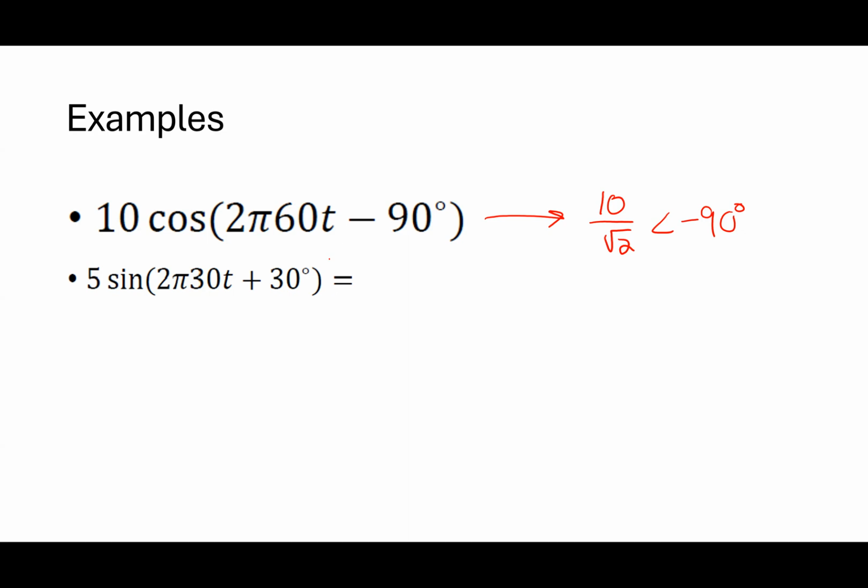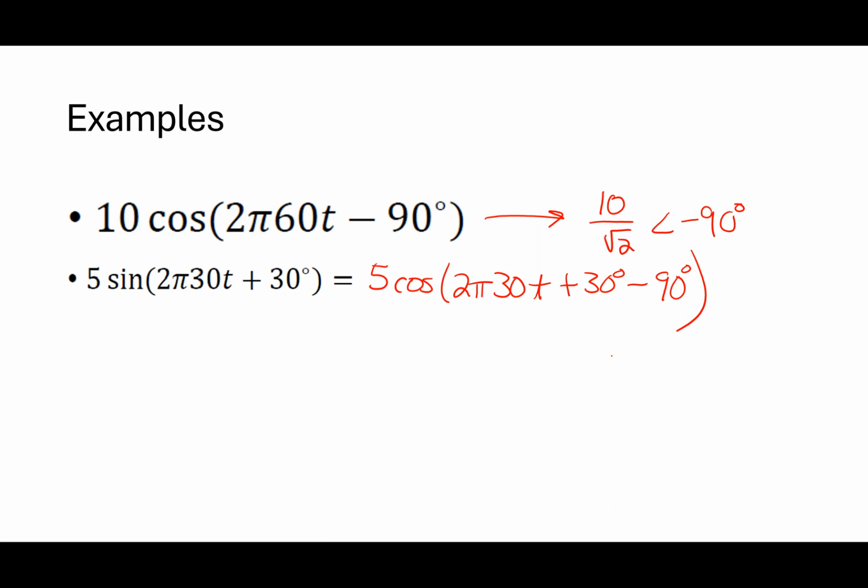Let's not worry about that too much. So in other words, this would be 5 cosine of 2 pi 30t plus 30 degrees minus 90 degrees. If it was plus, it would not be the same. In other words, if this was a plus sign, that would be a non-equal sign.